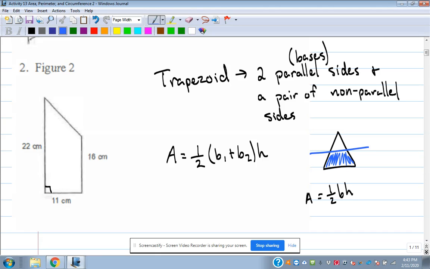As that top base squeezes in, it becomes a triangle. When that top base is 0, it's a triangle. But as you stretch the points apart and create another side, that makes a trapezoid. And then you can look at the areas and see the relationship between these two formulas. It's a really neat thing. I'll try to remember to send you the link to that and let you play with that.